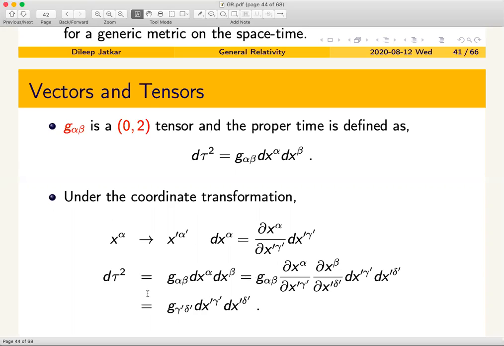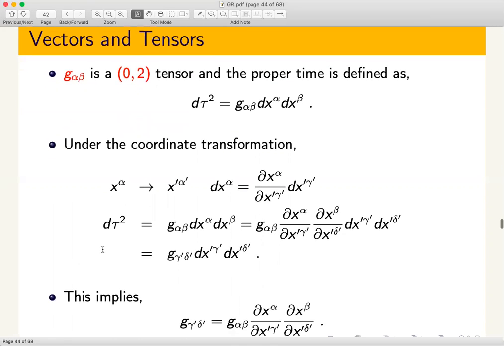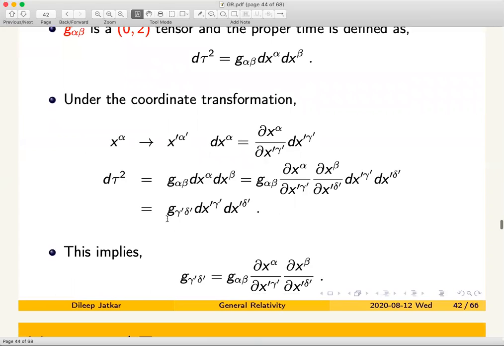So what we learn by doing this transformation is that the proper time has the same form in the primed coordinate system after the coordinate transformation. But that also tells you that the metric in the primed coordinates is related to the metric in unprimed coordinates through this transformation, because g_αβ ∂x^α/∂x'^γ' times ∂x^β/∂x'^δ' is the expression for g_γ'δ'.